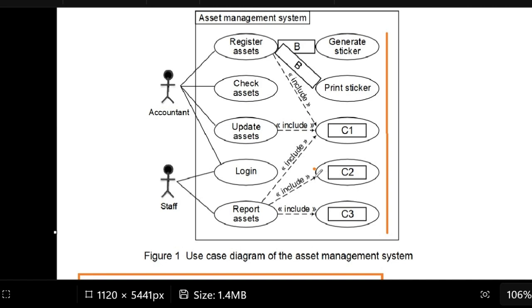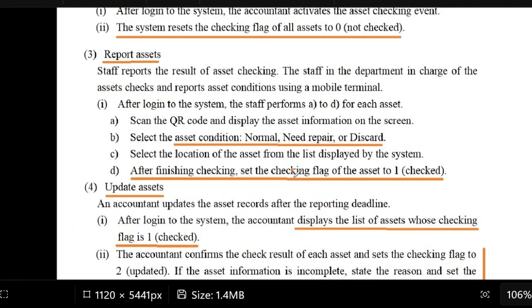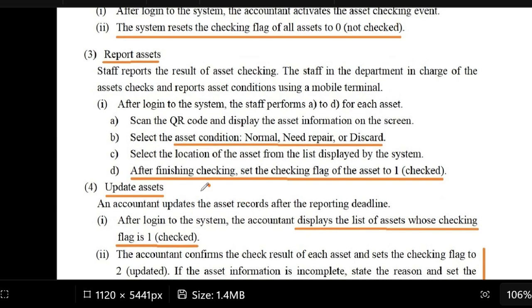We see here that there is update assets and report assets. And if we look at report assets, we have here the scanning of the QR code and then also selecting the location of the asset. So in that sense, we need to view the location when we are already in the report assets step.